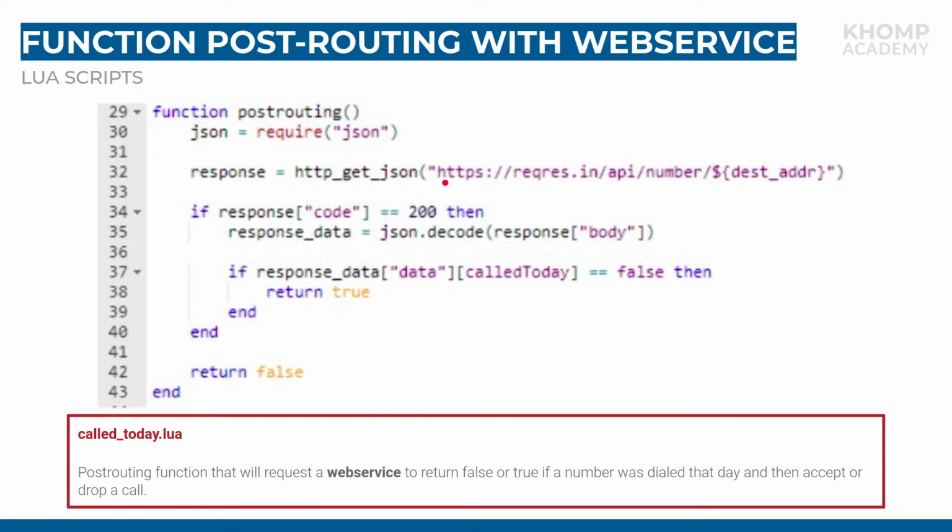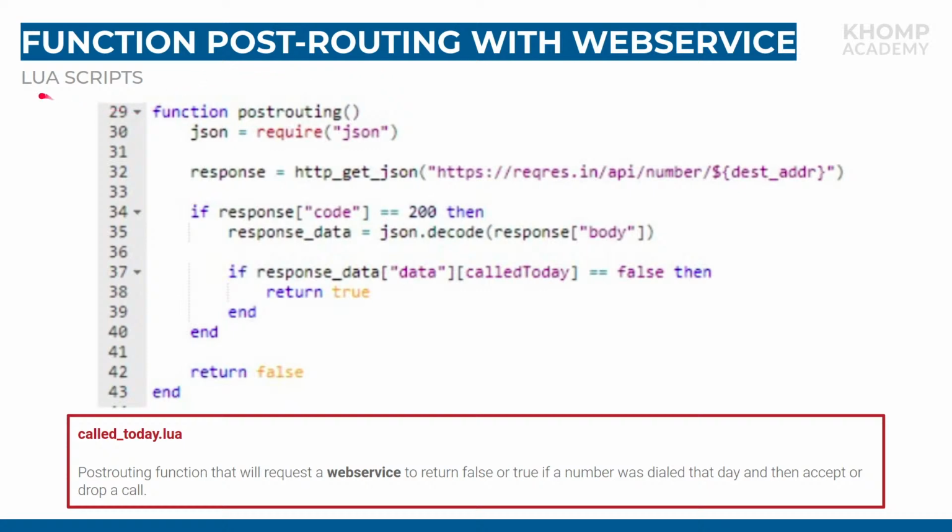Okay, we have a different kind of post routing. It's a kind of post routing, but more complex, because this involves that all the logic is not in the script.